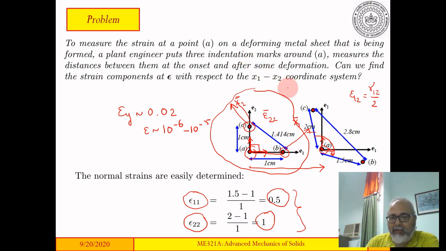So I can take epsilon 2 bar as the changed length, which is 2.8, minus the initial length of a line oriented along the 2 bar direction, which was 1.414, divided by 1.414. That would give me epsilon 2 bar. That's what I'm going to do in the next slide.